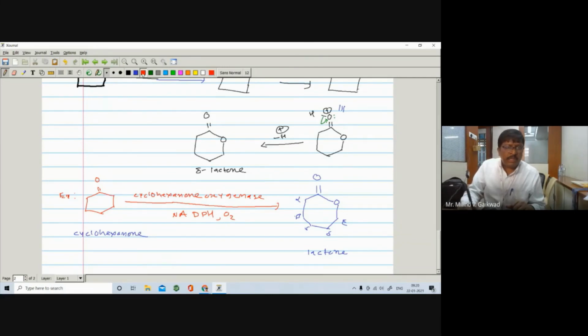Your next example is R C double bond O, and here is H, right? Aldehyde. Now remember, when it is R and H, it means it is an aldehyde. The reaction takes place in the presence of a per acid.